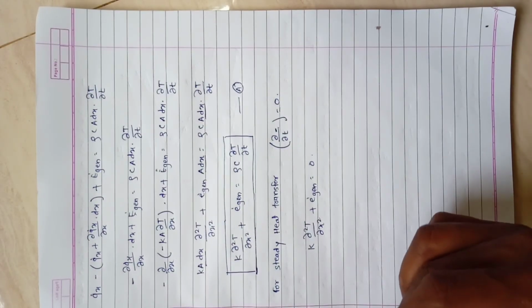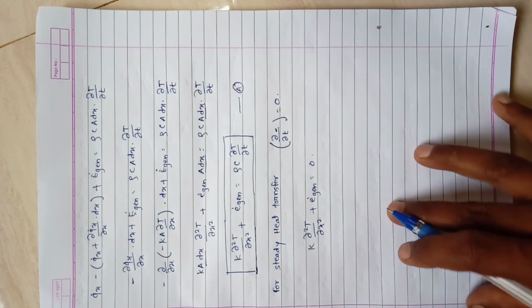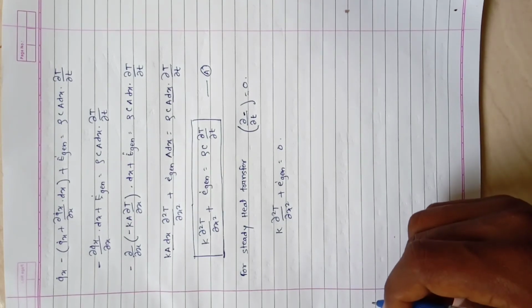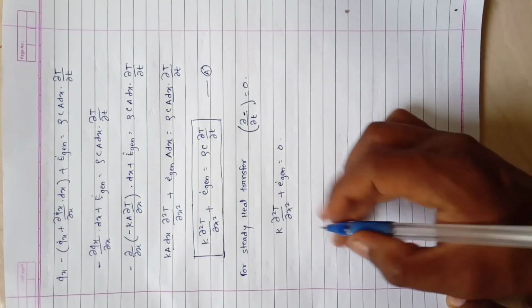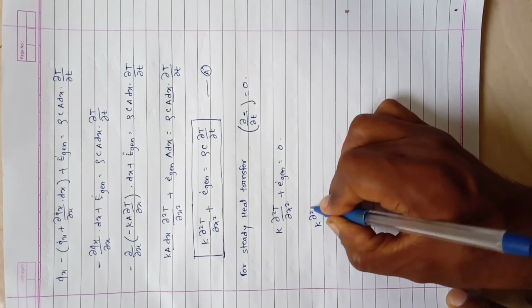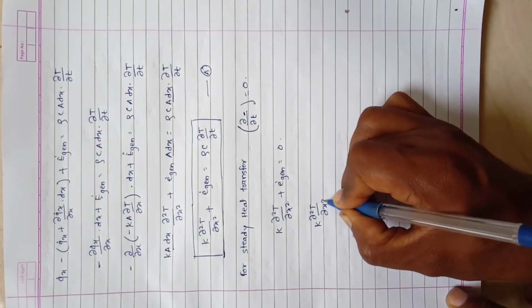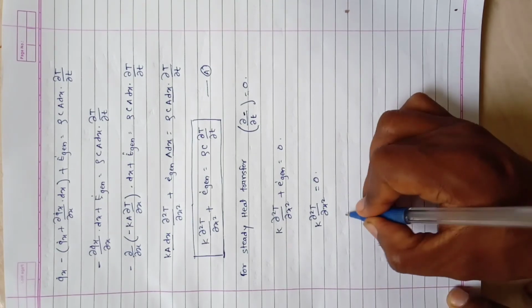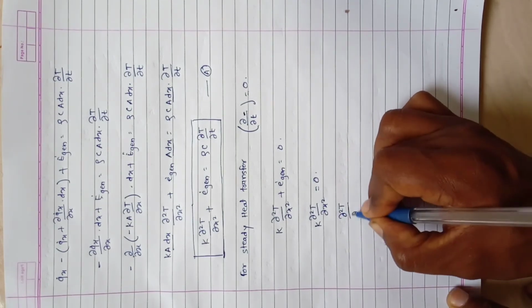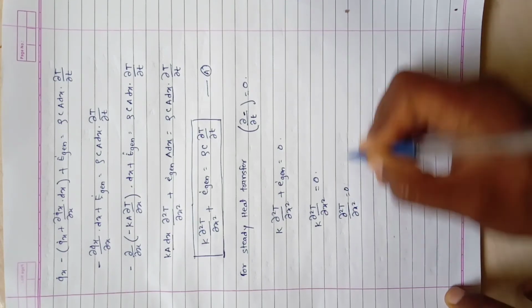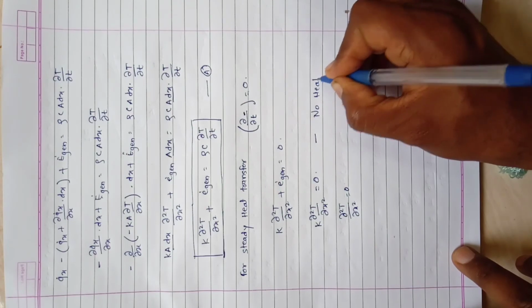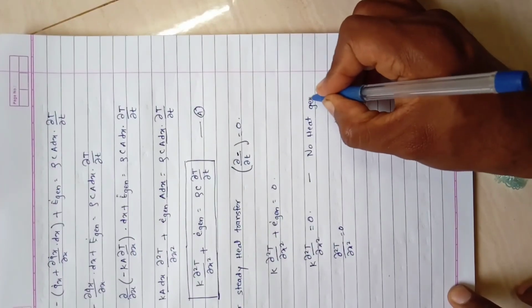Now if the heat transfer is steady and there is no heat generation, the same equation becomes K d square T by dx square is equal to 0, or we can write d square T by dx square is equal to 0. This is for no heat generation.